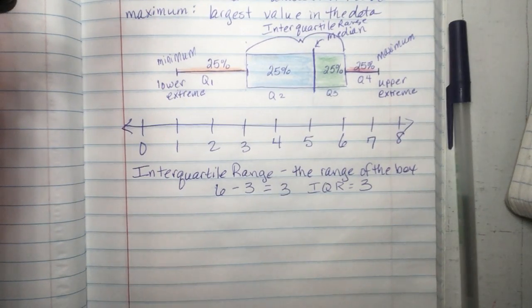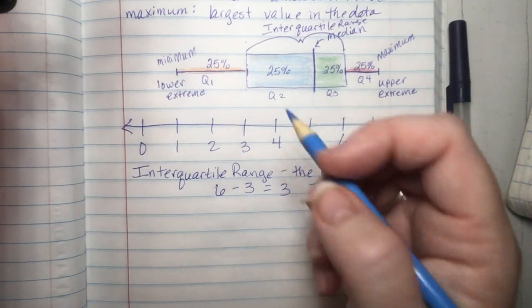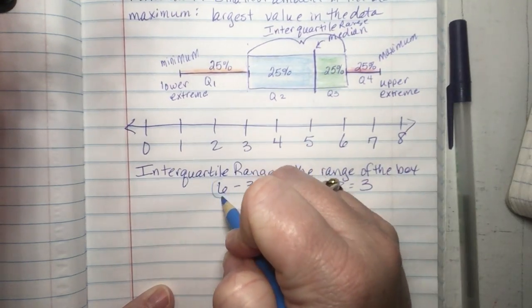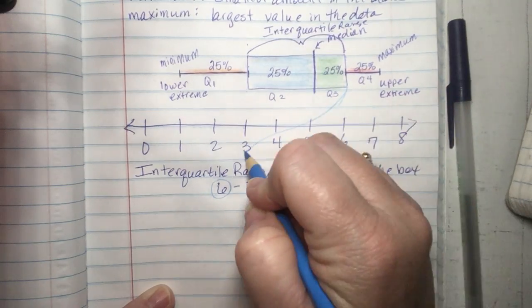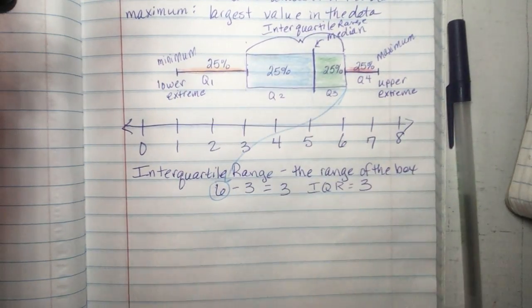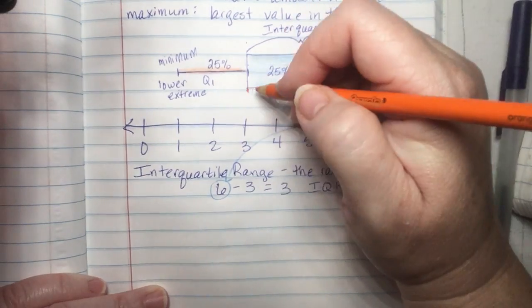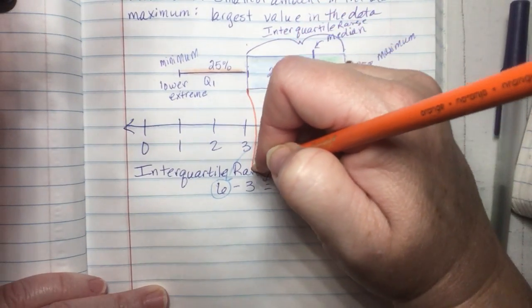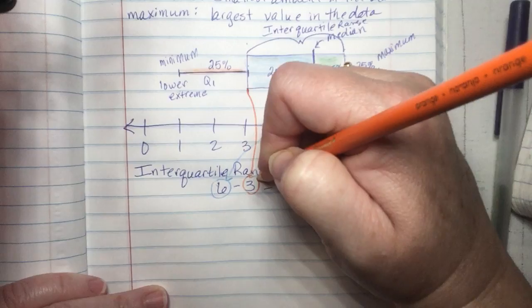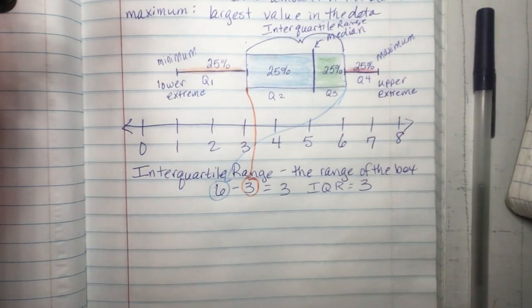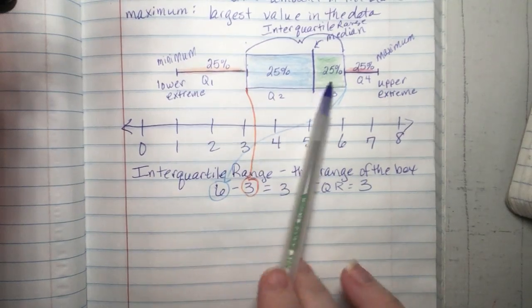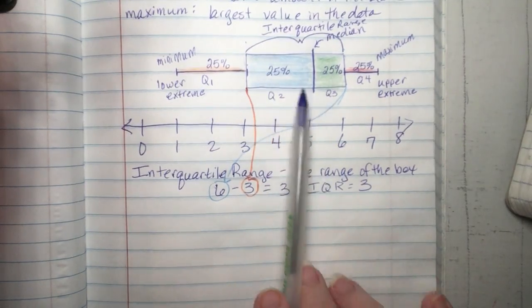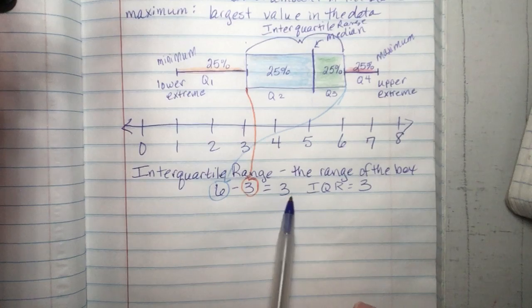So let's use some colored pencils. And then range we know is to subtract. So this is telling us basically that 50% of our data, 25 and 25, 50% of our data is within 3 of each other.